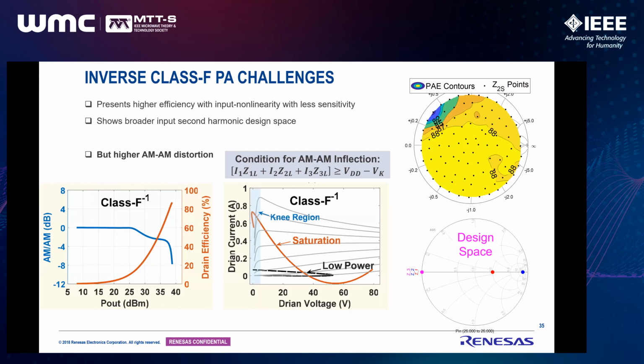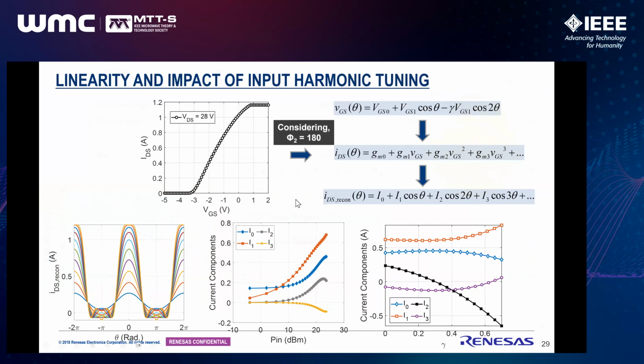So next, the target is, can we shape it so that we can still have good efficiency and at the same time good linearity, or at least can we correct this AMAM distortion? So in fact, if we consider the input nonlinearity again, we can see that based on gamma and phi 2, our current components can be changing.